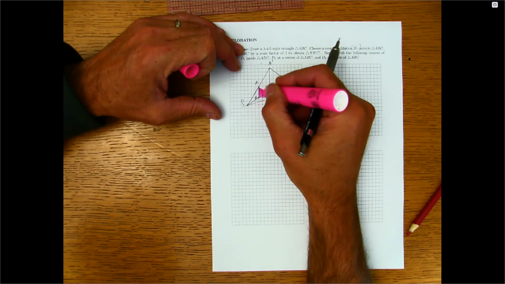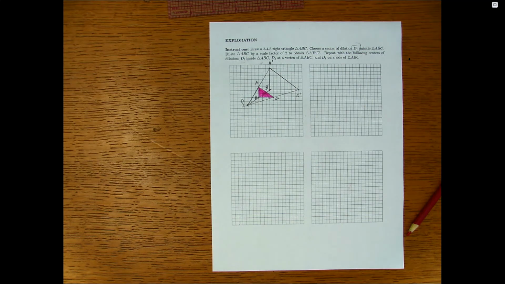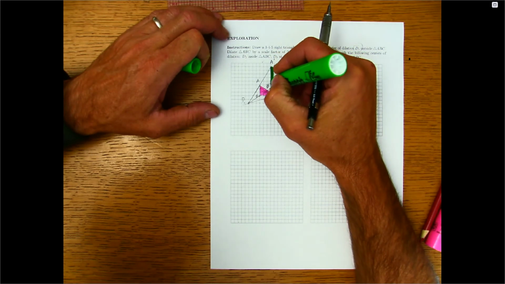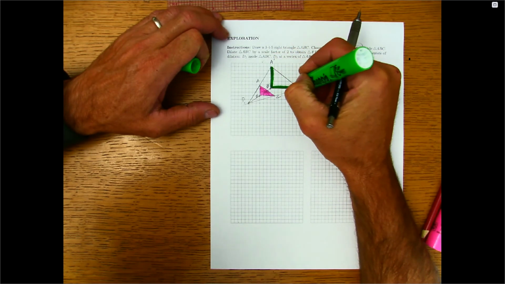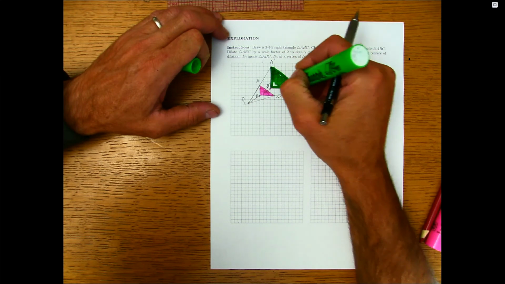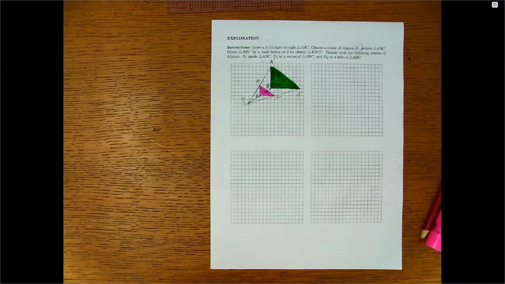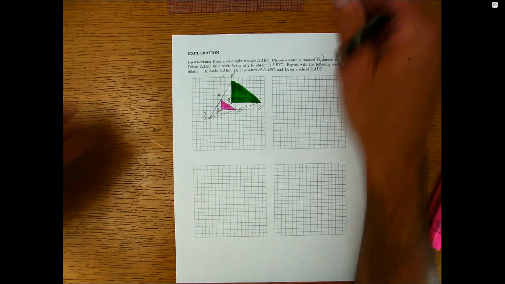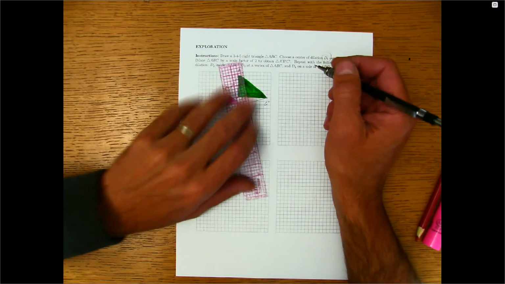The pink triangle would be the pre-image, and let's get a green one, the green triangle, which would be the image under the dilation.